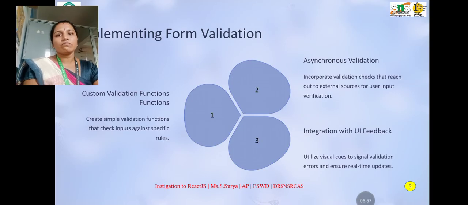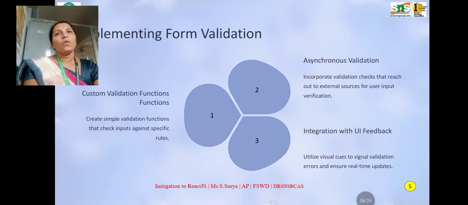Other advanced validation forms: custom validation function, asynchronous validation, and integration with UI feedback. Custom validation checks input against a specific rule. Asynchronous validation checks against an external source for user verification. Integration with UI feedback signals validation errors that ensure real-time updates.